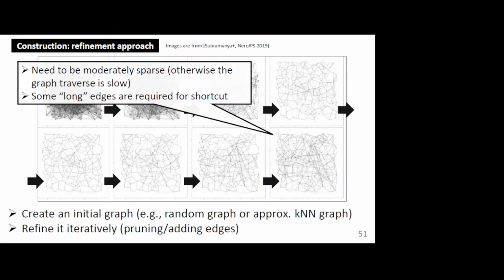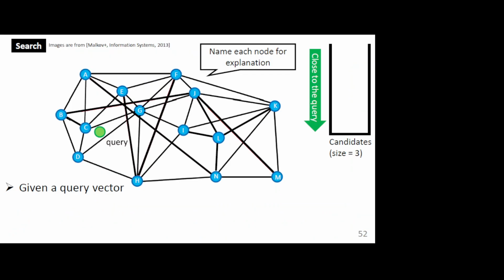So we hope we can generate a moderately sparse graph. Otherwise, traversing the graph will be very time consuming. We also build some long edges in this step, which means shortcuts. Okay, any problem for the construction?